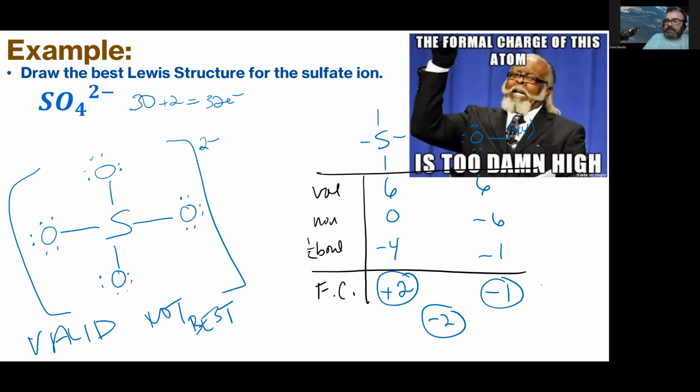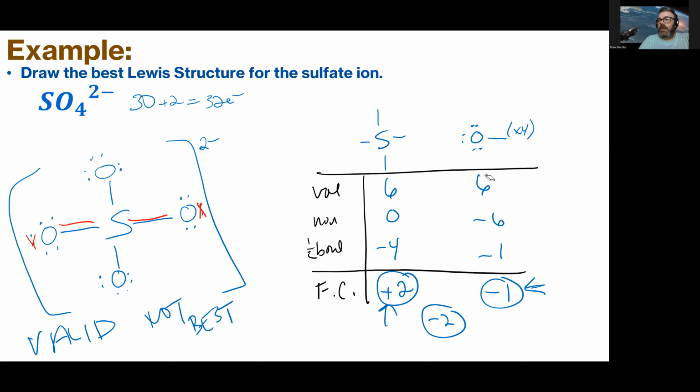So we got to take some of the negatives and put them on sulfur. What this means is we can share, I'm going to highlight in red what I'm changing. We're going to take away a lone pair from an oxygen and share with a sulfur. And if we do this twice, that'll give us something that has the lowest possible formal charge. We can prove it to ourselves.